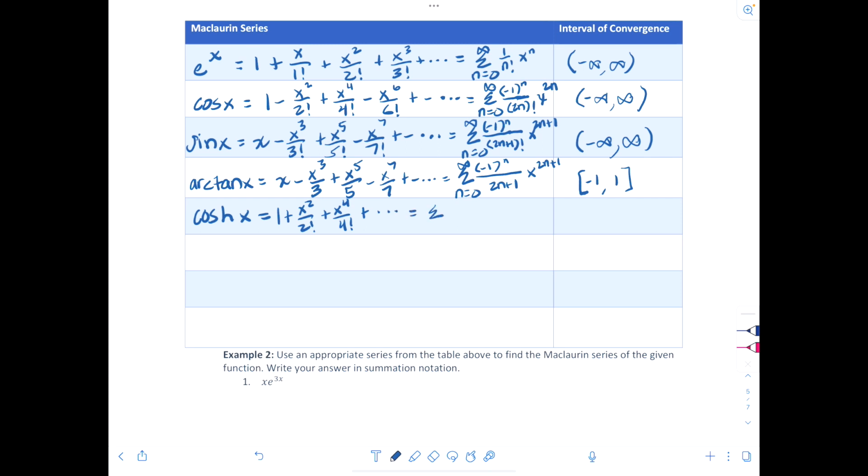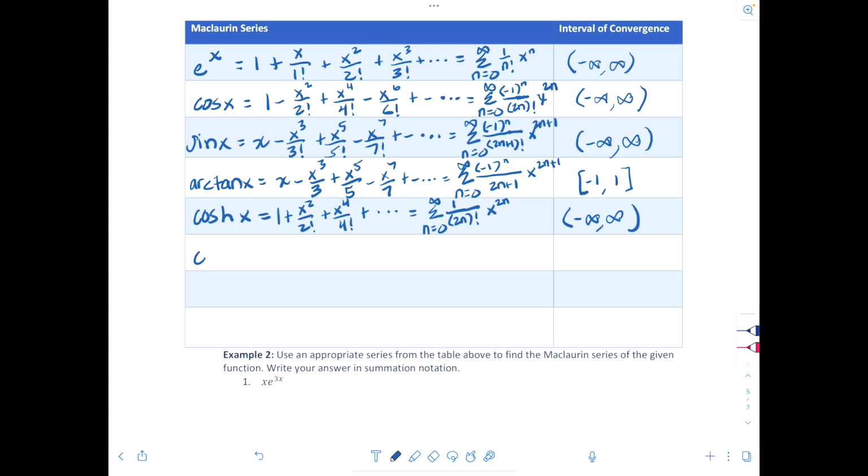That's going to equal the summation as n goes from 0 to infinity of 1 over 2n factorial times x raised to the 2n. Cool? And that's good on the interval from minus infinity to infinity.